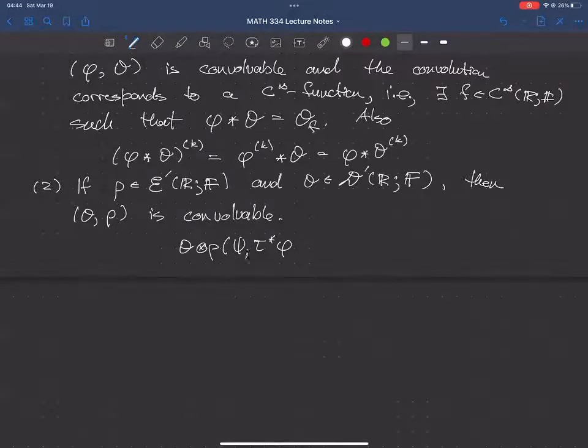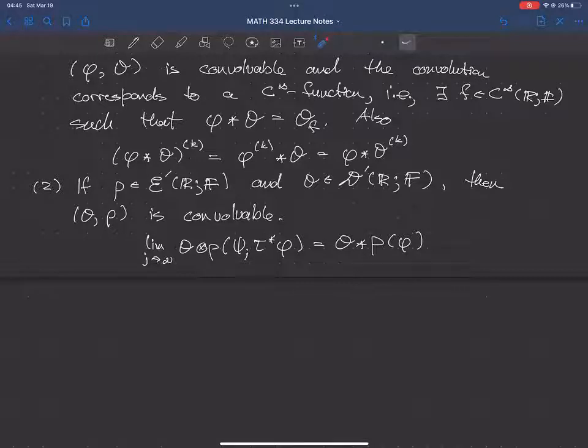We took a sequence of those that converged to one as a special approximate unit. We took the limit as j goes to infinity. Okay, and this was how we defined the convolution of theta and rho.